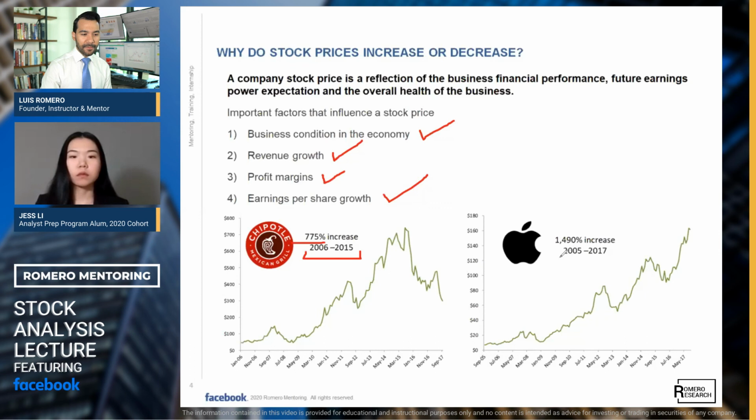Now, when you look at Apple, a different industry, technology, the same principles still apply. From 2005 to 2017, Apple increased almost 1,500%. If you go to the fundamentals of the business, why did Apple increase so much? Well, they introduced the iPad. I remember this back around 2014, when one of my first jobs in college as a freshman was as a sales associate at a Radio Shack. During the holiday seasons, they were selling like hotcakes.